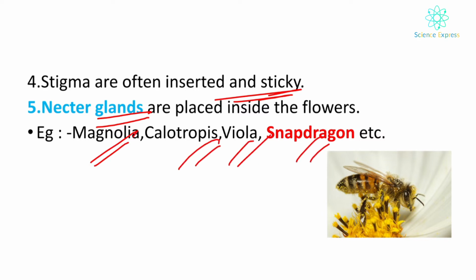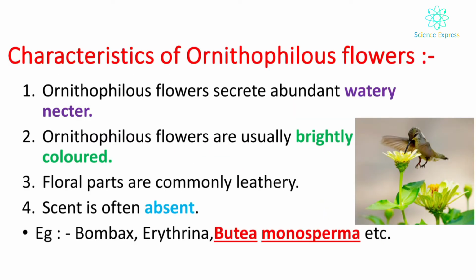Clear? Okay. Now the next type of flower is the ornithophilous flower, mainly pollination by birds. Here birds are involved, sunbird, hummingbird, or some little bird. Okay. Ornithophilous flowers secrete abundant watery nectar for attracting the bird.